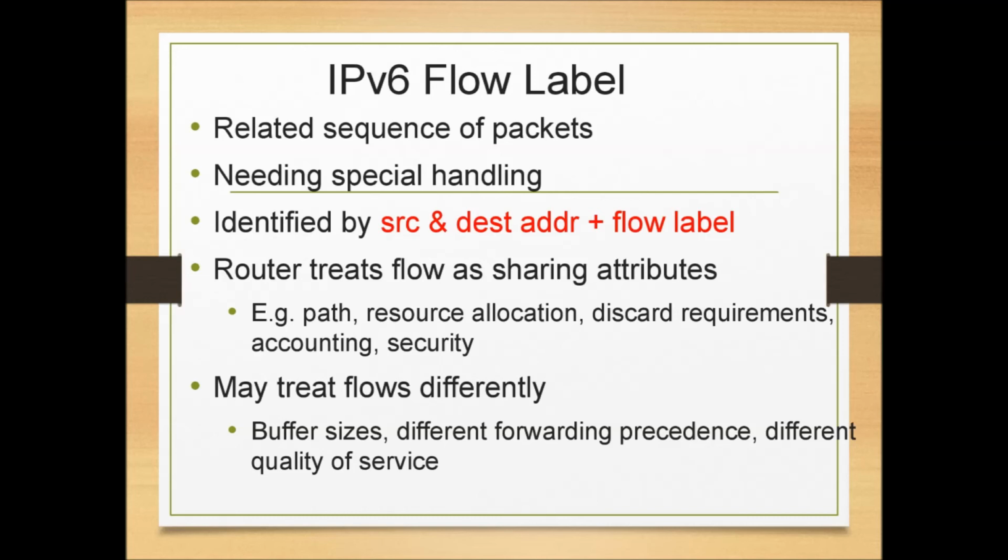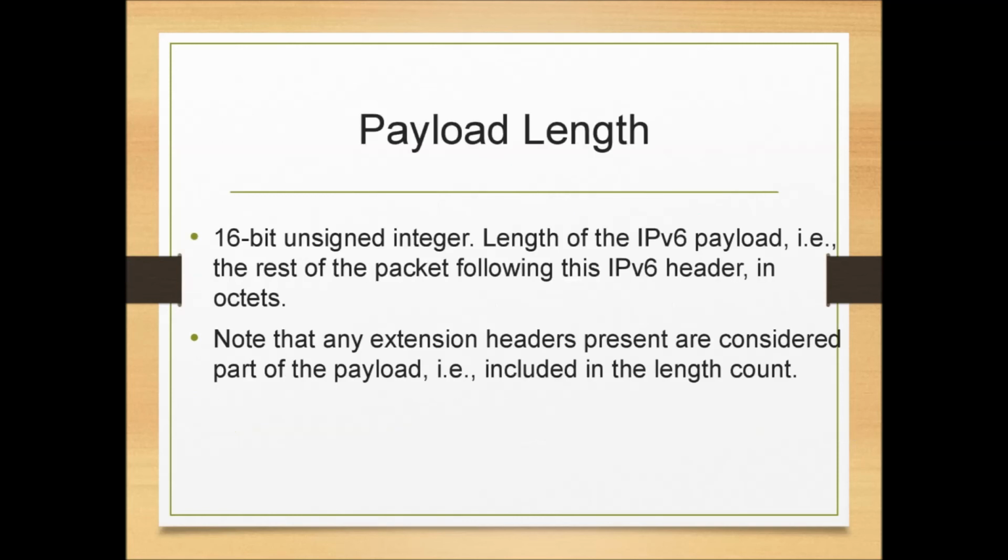The last point is that routers may treat flows differently: buffer size, different forwarding precedence, different quality of service. As different devices have different buffer sizes and different forwarding precedence, it means different priority levels and different quality of service. So the IPv6 flow label header field can be used for this purpose.